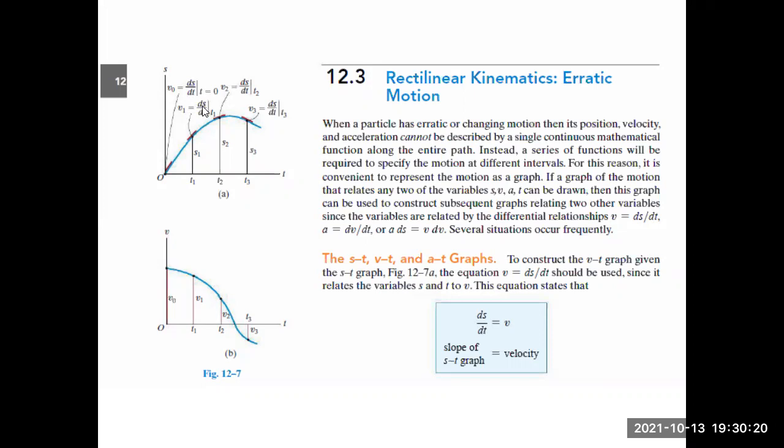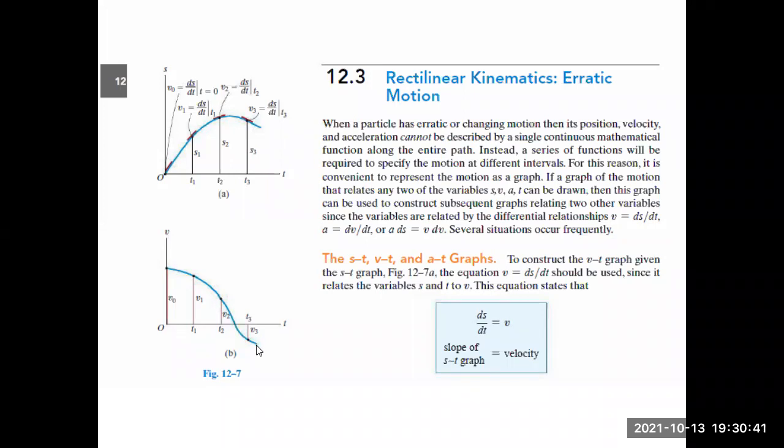You don't change the equation, you use the same equation and plug in t1. Then you're going to get v1, and you plot v1. The same way you plot v2, v3, v4.